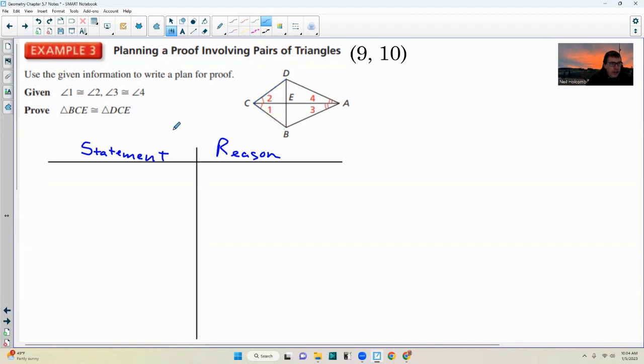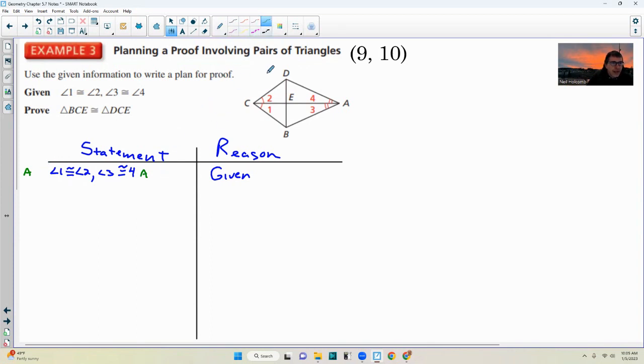Okay, so first start off by saying angle 1 is congruent to angle 2. Angle 3 is congruent to angle 4. And the reason is given. So we already have an angle and an angle. So we have two angles already.